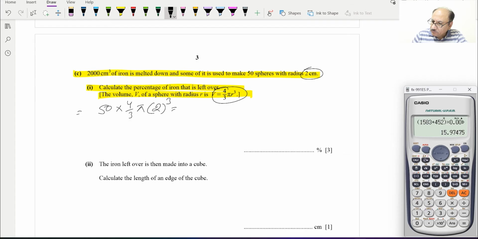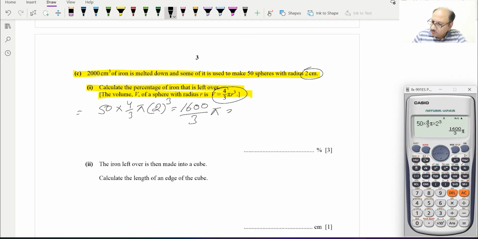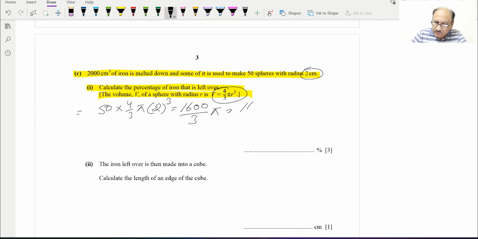We can simplify: this will be 50 into 4 over 3, times pi, times 2 raised to the power 3, which is equal to 1600 over 3 pi. And the decimal answer, if you want, we can check: 1675.5.